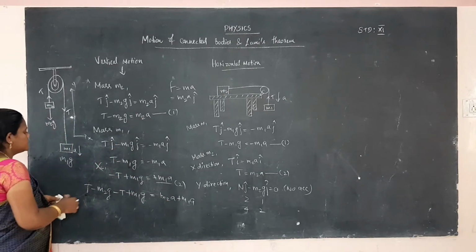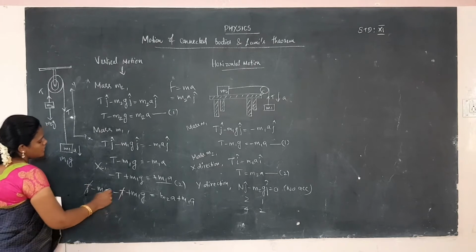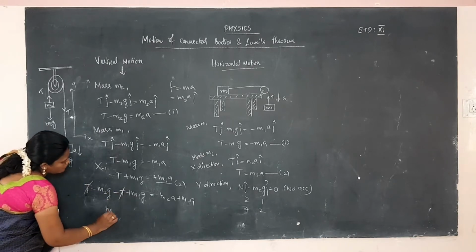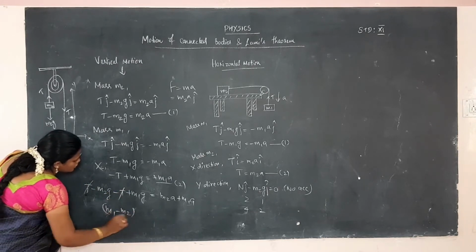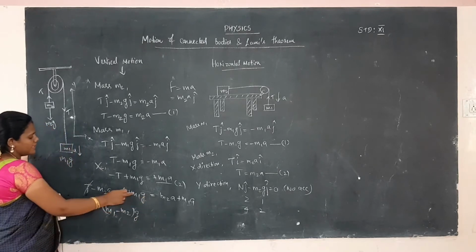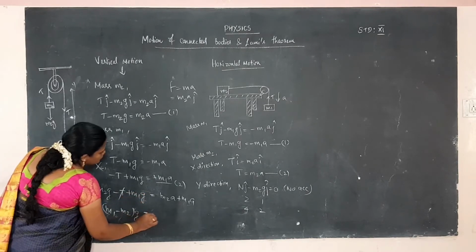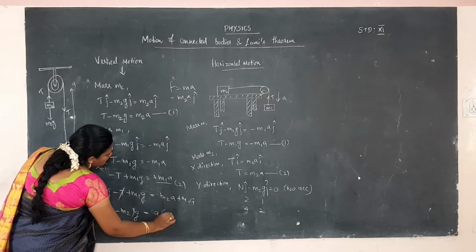Then T cancels, the balance is m1 minus m2. So m1 minus m2 into g, clear? m1 minus m2 into g is equal to, taking a as common, m1 plus m2.